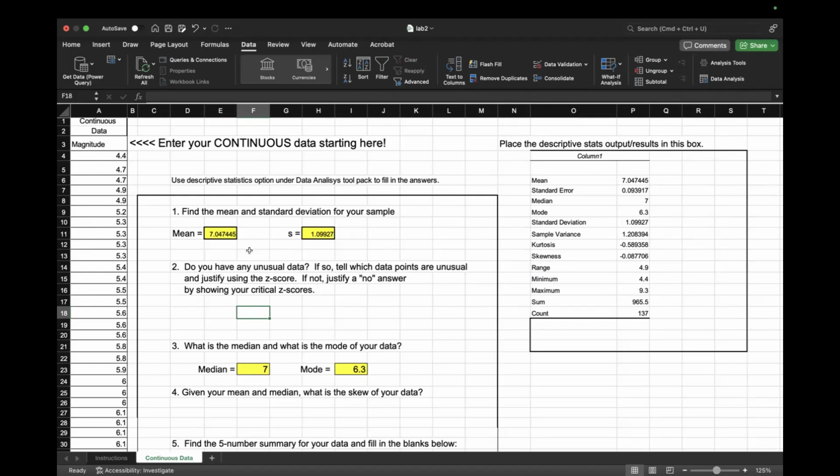Let me show you how I can do that using Excel. So if I wanted to do math, you always hit equal. I put parentheses, my first data value minus my mean divided by my standard deviation.